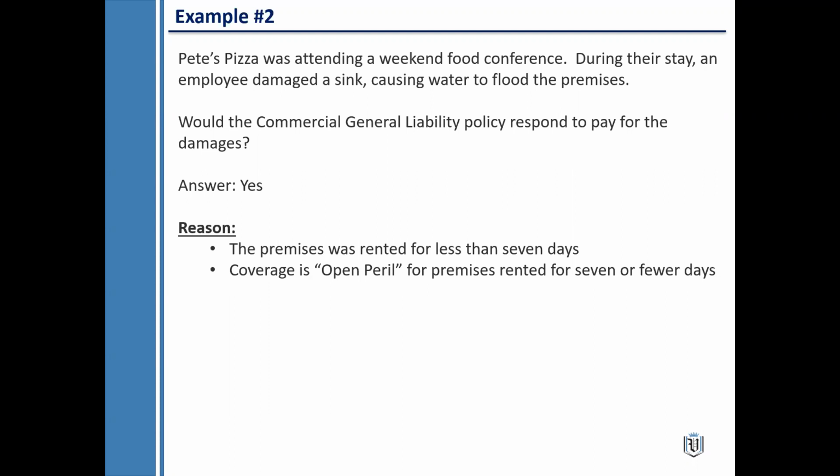But the damages to the other tenants could be covered under the property damage $1 million liability limit, because that's third-party property damage to a space you are not occupying or renting.